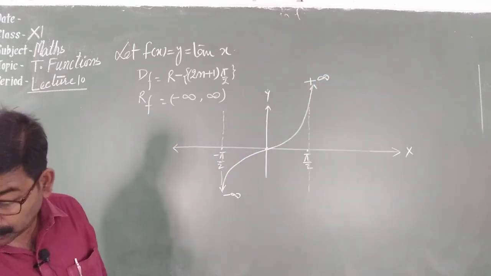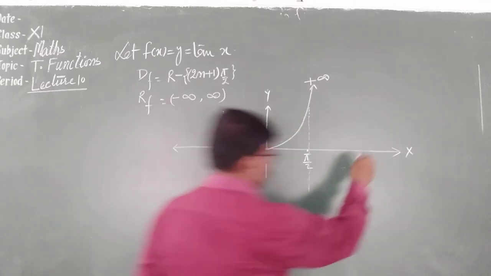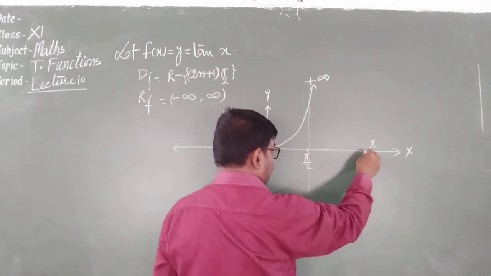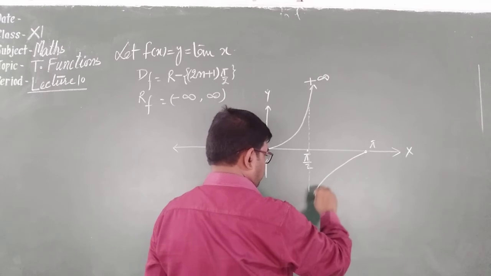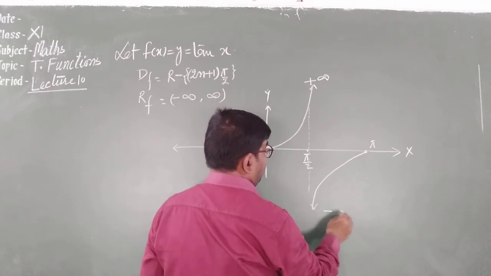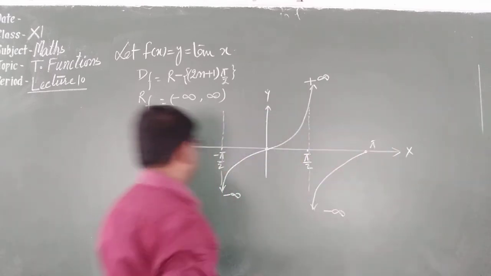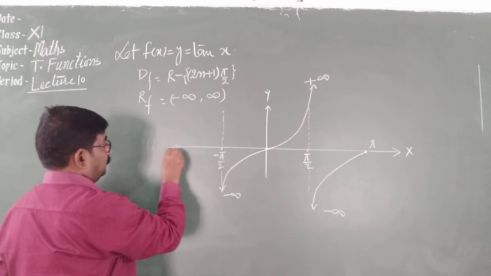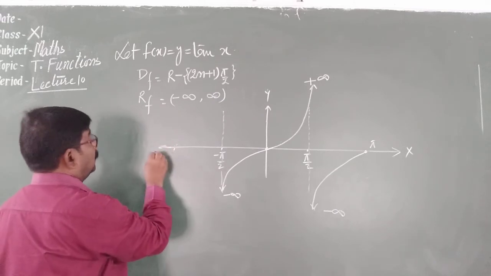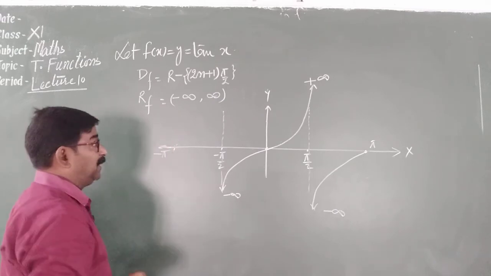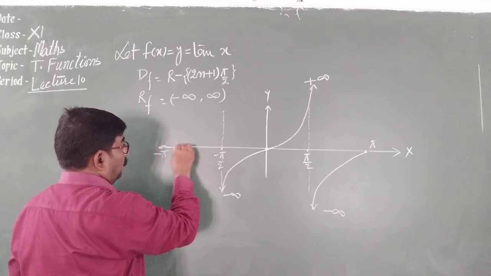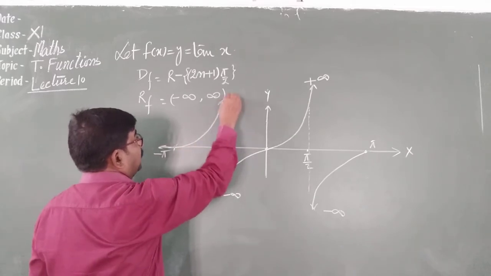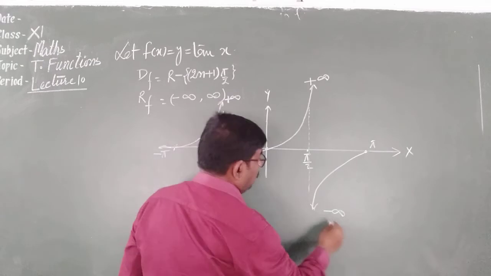Again, if you go to π, suppose this is π, the graph will come like this, from minus infinity, and again go to plus infinity. If you come to minus π, this will go upward and upward, and this is plus infinity, and this is minus infinity.